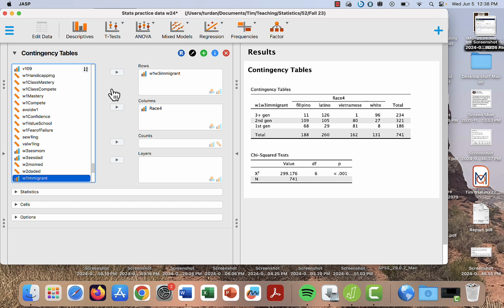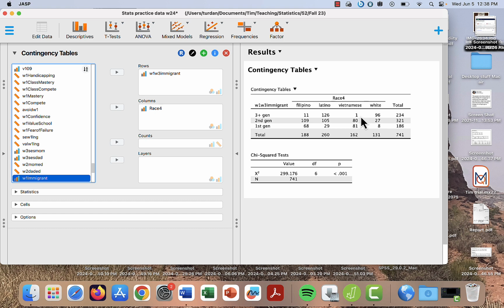So if I look at this table, I can see right away I only have one student who is of Vietnamese descent who is third plus generation. So this is partly because a lot of the Vietnamese families in the San Jose area are relatively recent immigrants.